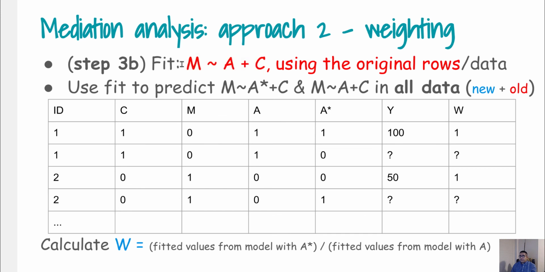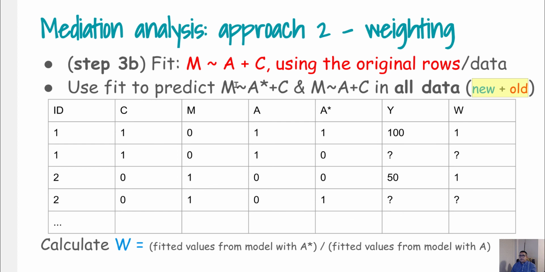So we fit the model in the original data, but when we predict, we use all data. What does this all data mean? That means not only the old data, but also the new data associated with this question mark, right? And there are two different predictions that we are dealing with here.